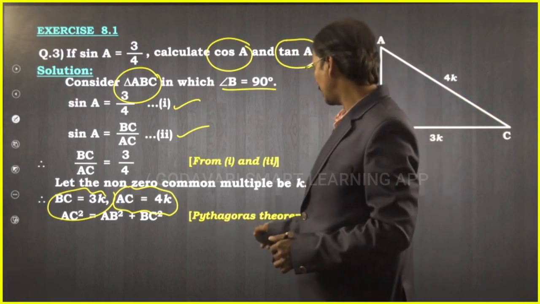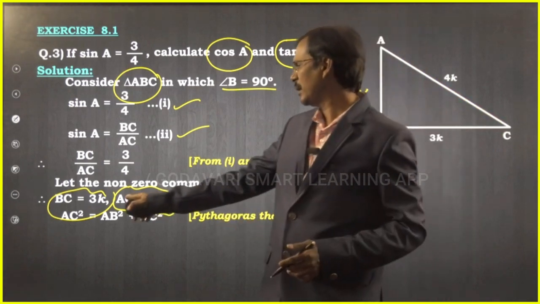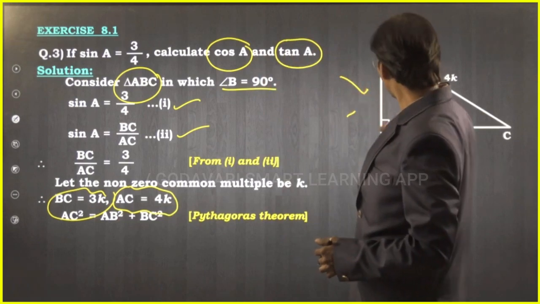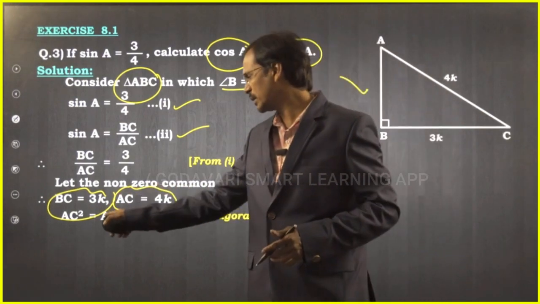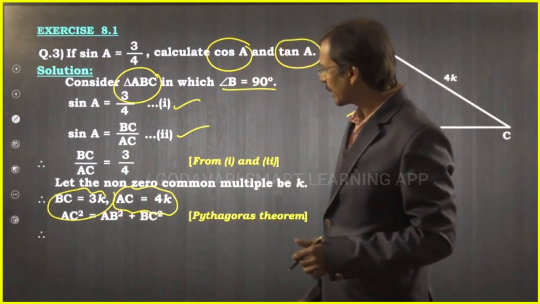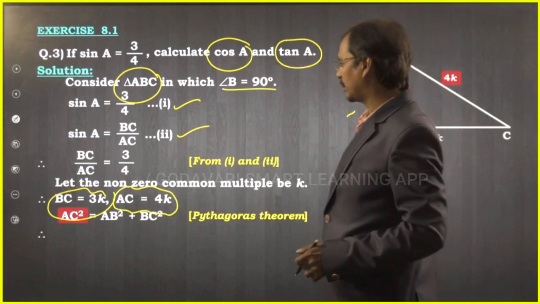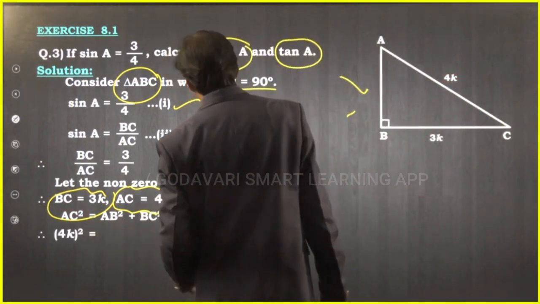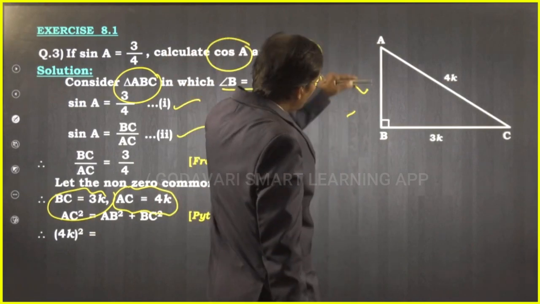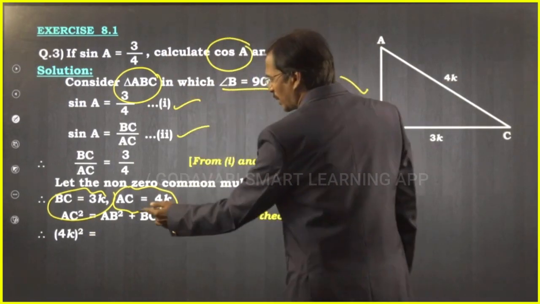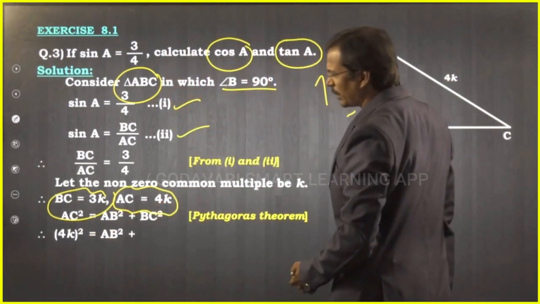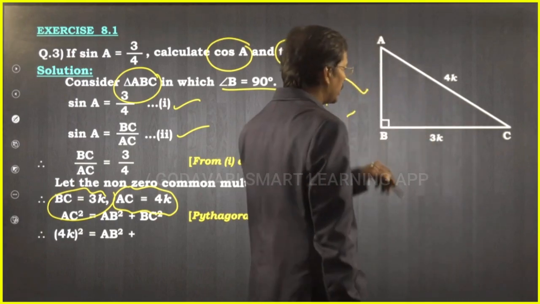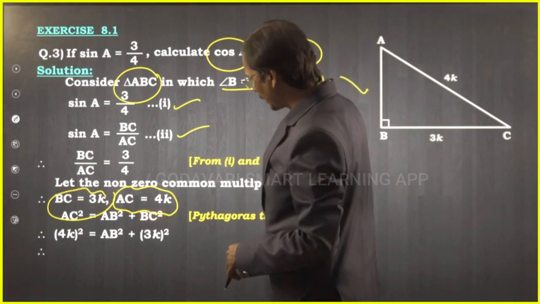Using the Pythagoras theorem in the right angle triangle, we have to find the third side. The hypotenuse square is equal to side square plus side square. Now AC square, that is 4k whole square, is equal to AB square plus BC square, where BC is 3k whole square.